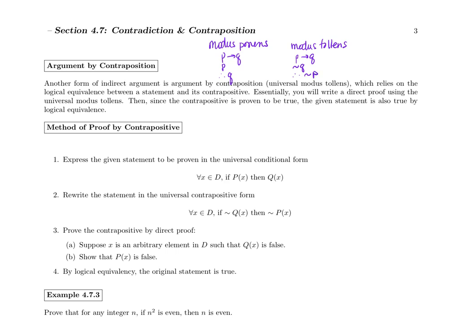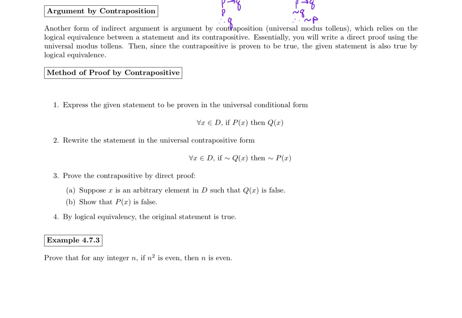So essentially what we're going to be doing here is we're going to take our conditional statement, write it as its contrapositive, and then use direct proof to show that its contrapositive is true. So it's kind of a neat way to write proofs.